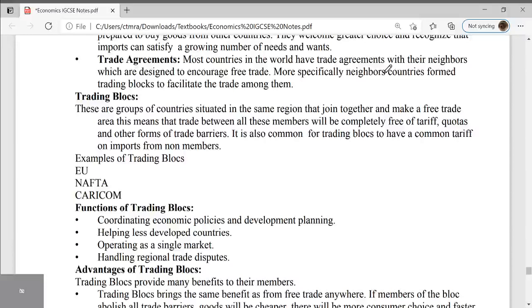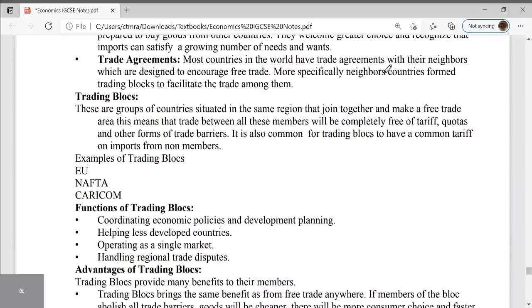So if you think about some examples, like the European Union, NAFTA, CARICOM. The European Union is very popular, almost all the countries of Europe are part of the European Union. So they're getting together to coordinate the economic policy and development planning, and also they can help the less developed countries among the trading bloc.